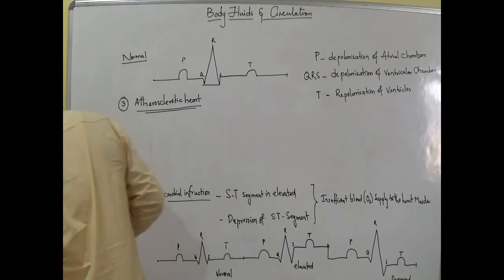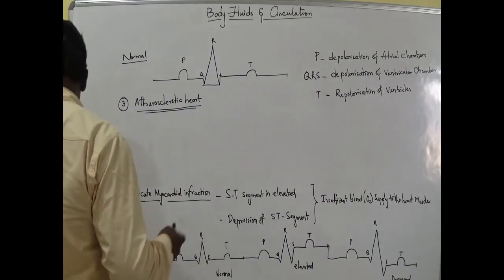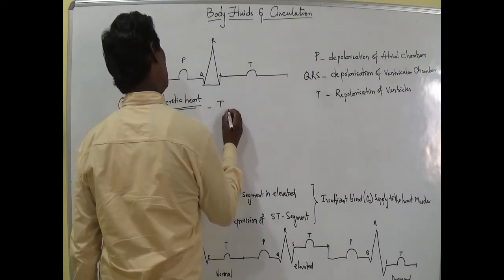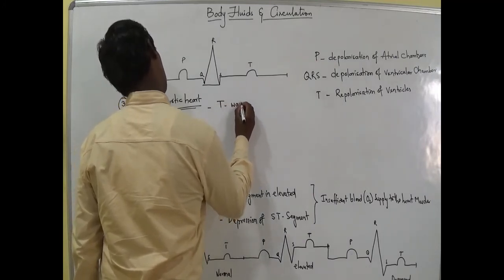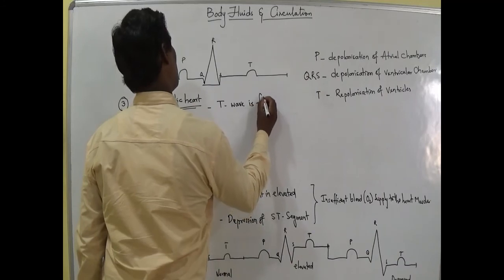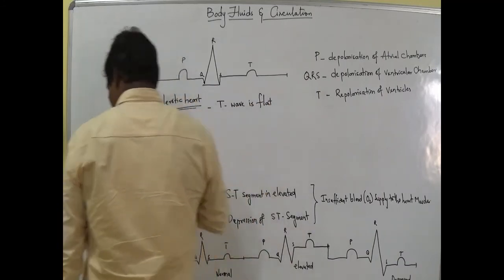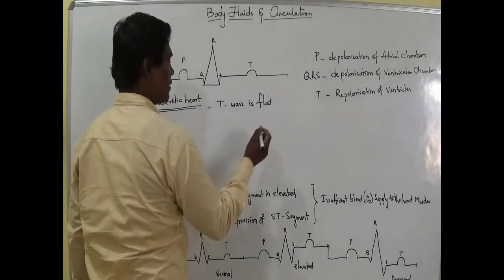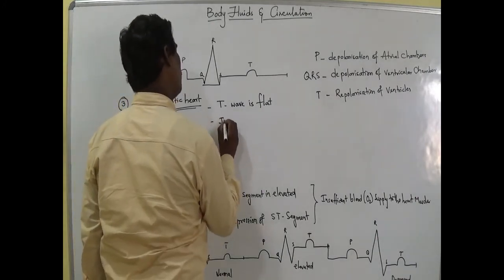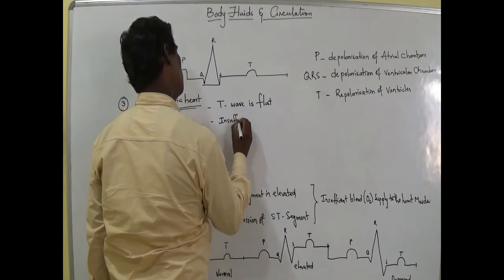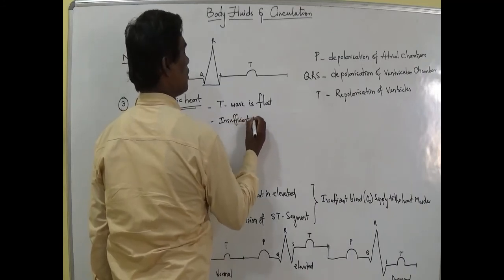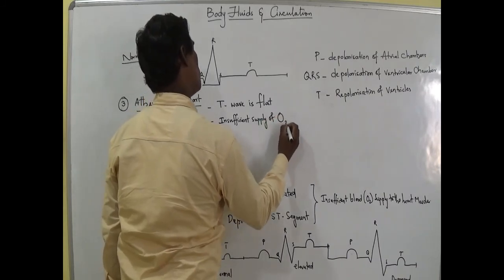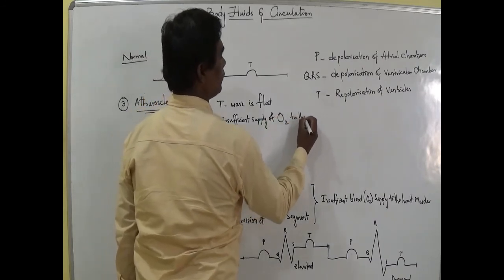So in this case we can see that the T wave is flat. This also takes place due to insufficient supply of oxygen to the heart muscles.